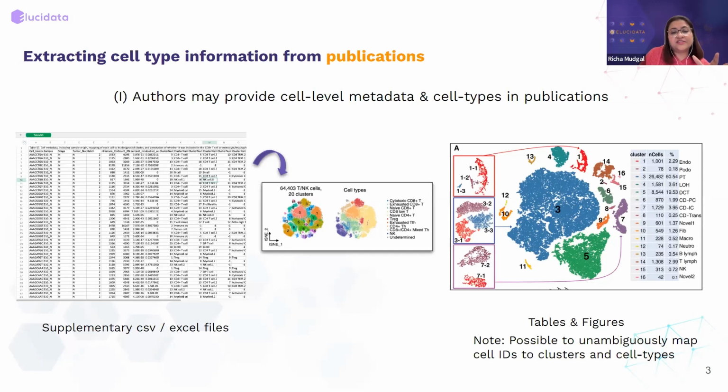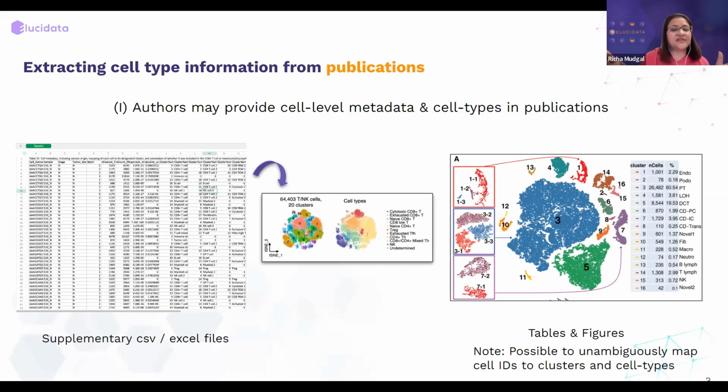What is key to understand is that at this level most of the information available is unambiguously mapped. Many times the data sets we get might be filtered, and the metadata may cover all the cells that are there, so one has to be a little careful in mapping. But more or less we can unambiguously map the cell ID to the cell type information, and this becomes the easiest way of annotating cells.